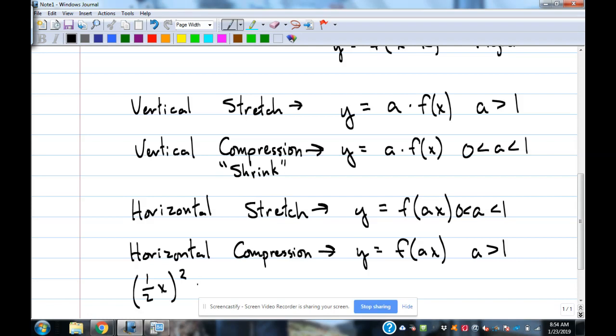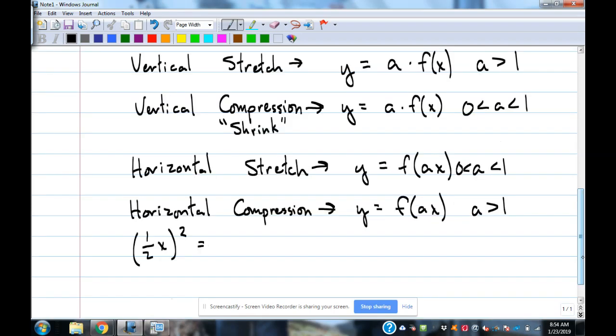If I simplify that, the way we do in algebra, what if I square 1/2, what do I get? 1/4 x squared, right? Well, this is a horizontal stretch, right? But this is a vertical compression.